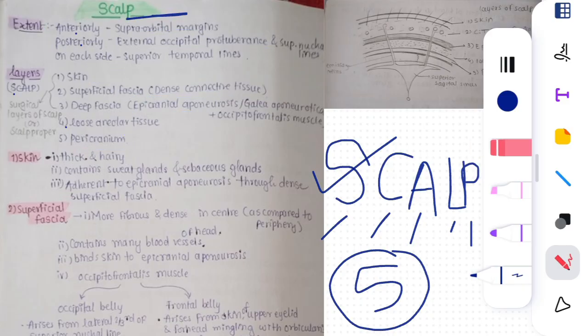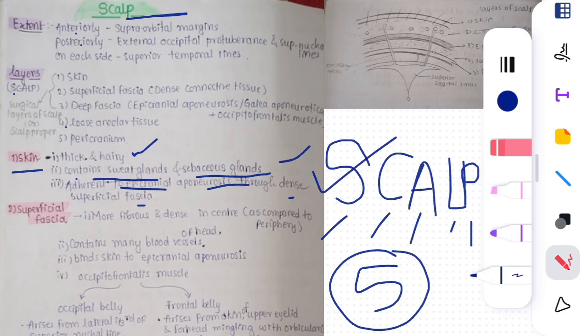First one is skin. Skin is hairy, contains sweat glands and sebaceous glands, adherent to epicranial aponeurosis through dense superficial fascia. So, second one is superficial fascia.